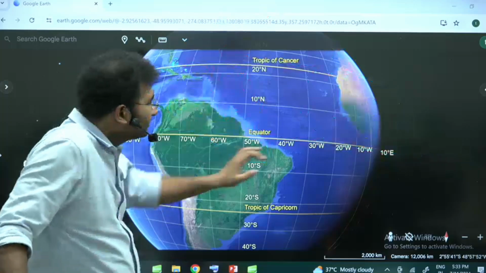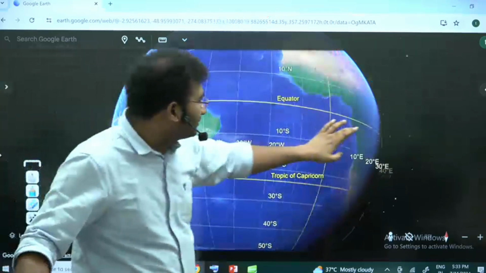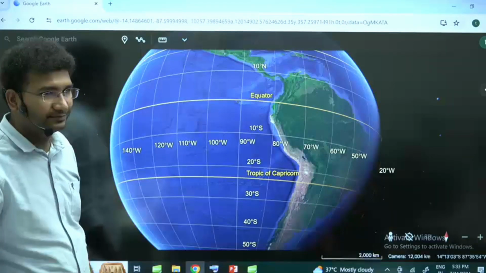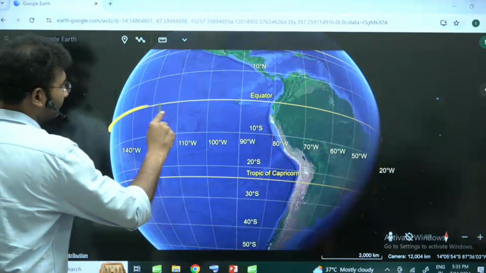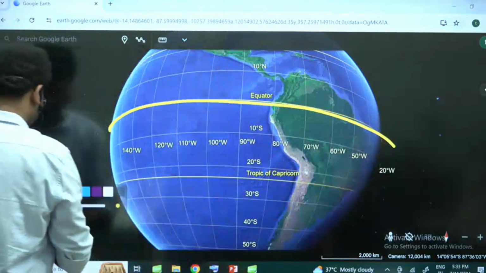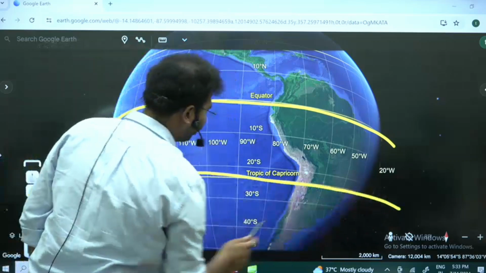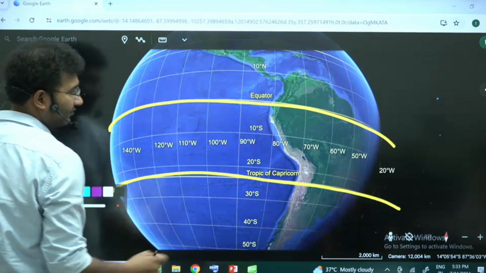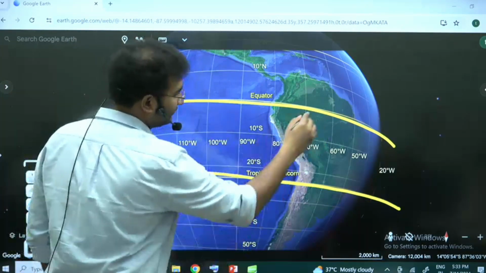And like this, let us go to south. Let's go to this part of the area. Now look at South America. This is your equator. This is your Tropic of Capricorn. Again, what kind of winds do you have? The winds are onshore or offshore?